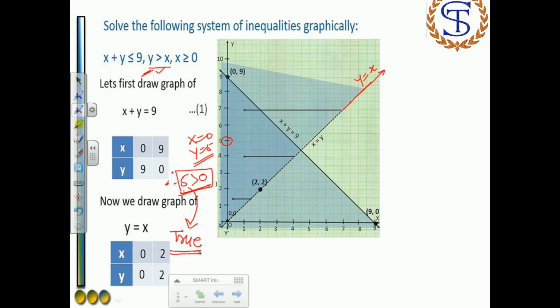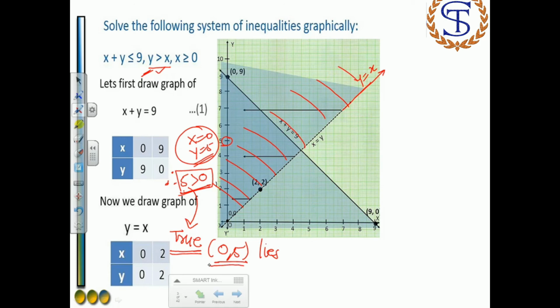Because this statement is true, that's why we have to shade the portion in which this particular point 0, 5 lies. Now tell me, in which portion does this point lie? Yes, obviously this is the portion in which 0, 5 lies.